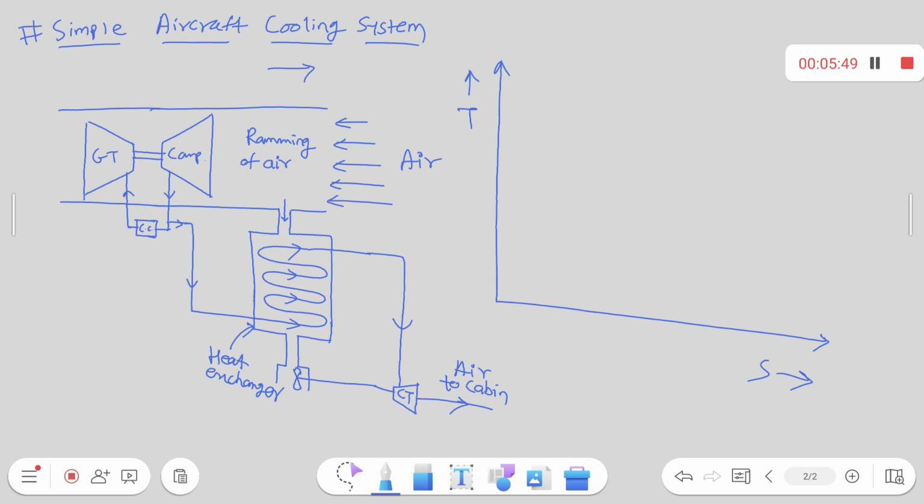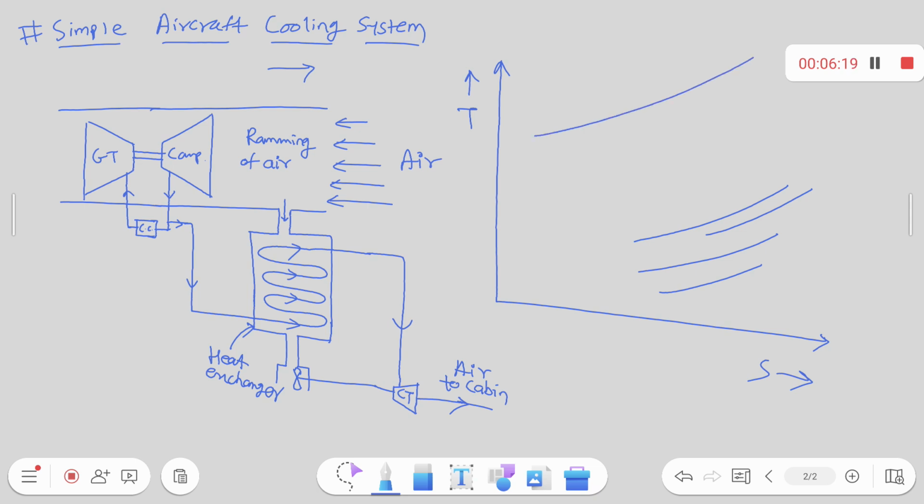Now let us try to draw. On the TS diagram, there are constant pressure lines. So these are the constant pressure lines. This constant pressure line is of atmospheric pressure. The cabin pressure is a little more than atmospheric pressure. Then ideal ramming, actual ramming. This line is of compressor pressure.